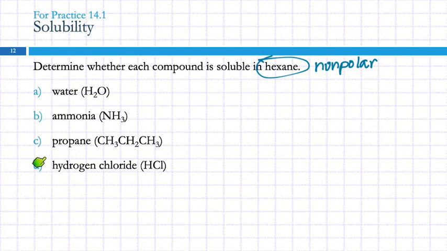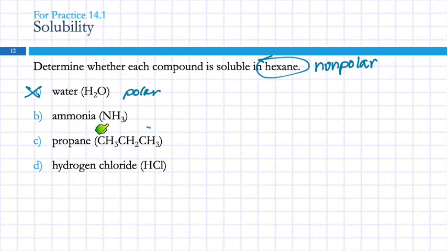To determine if each of these is going to be soluble, we're going to identify, well, is it polar or nonpolar? So what about water? Is water polar or nonpolar? It's polar. So will it dissolve in hexane? No. How about ammonia? It's polar.